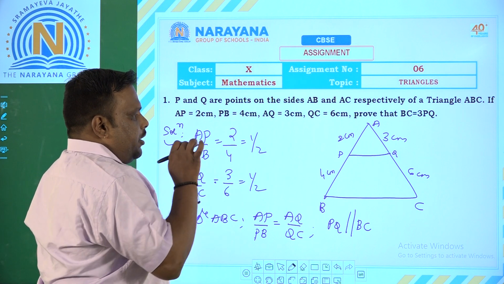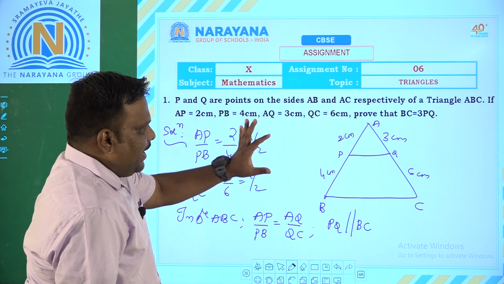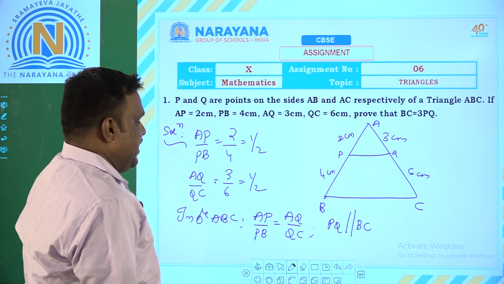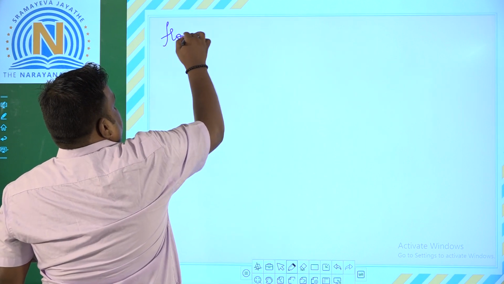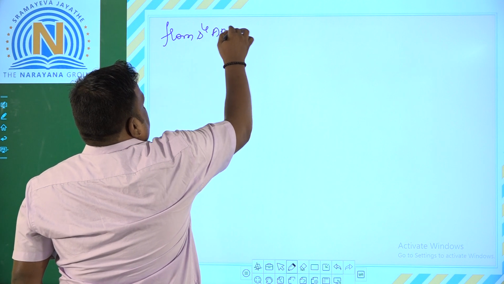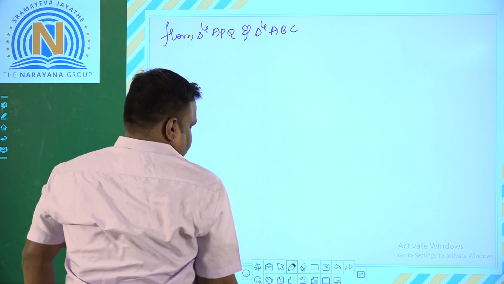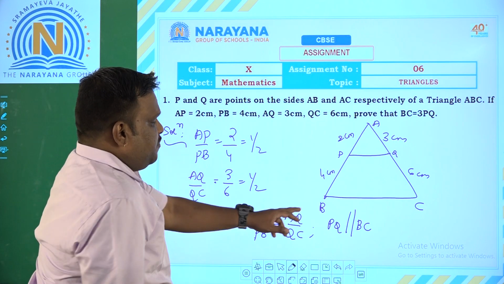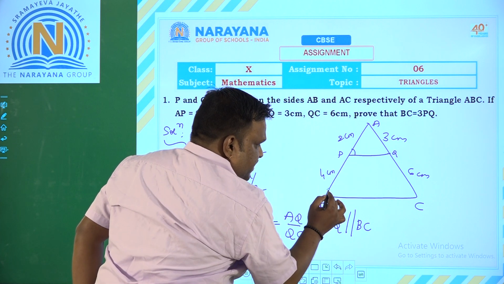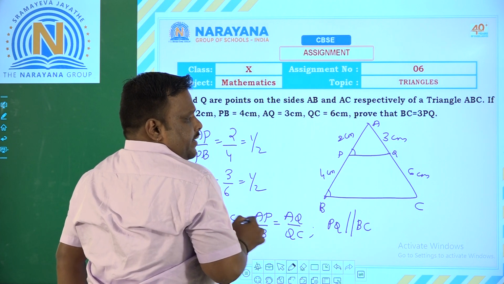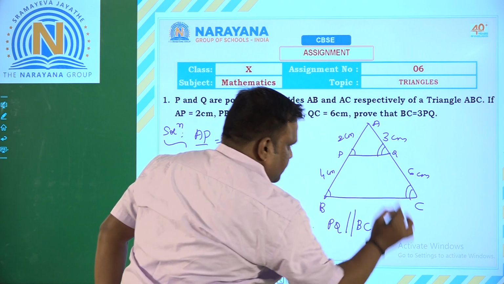Now let us concentrate on triangle APQ and triangle ABC. Since PQ is parallel to BC, this angle will be equal to this angle, corresponding angles. Even this angle will be equal to this one.